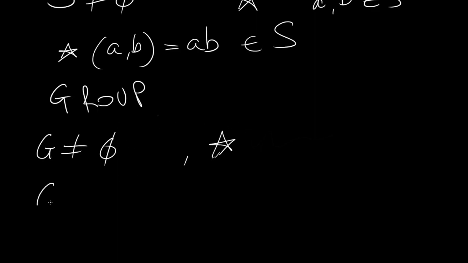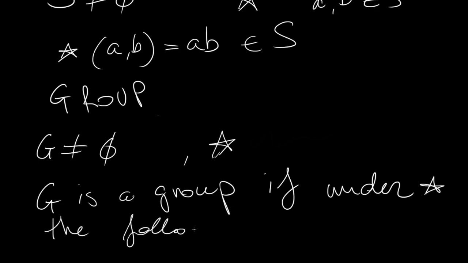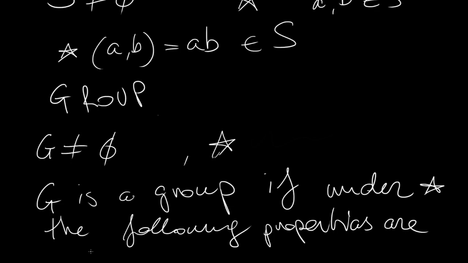Then G is a group if, under this operation, the following properties are satisfied. Very important. Now we're going to see what these properties are.